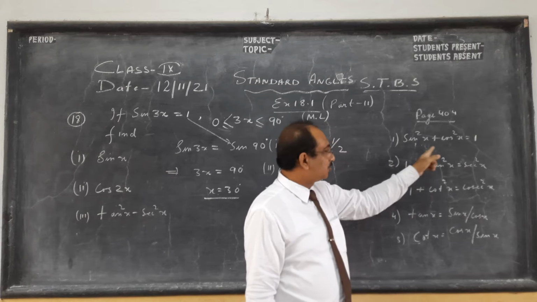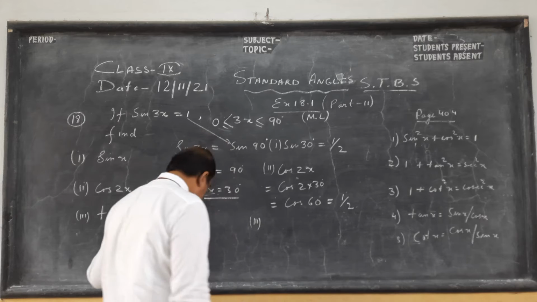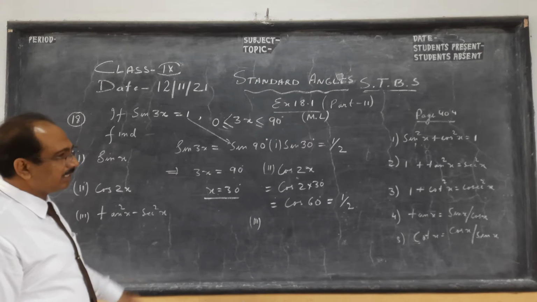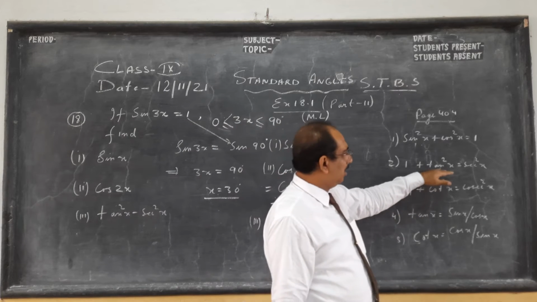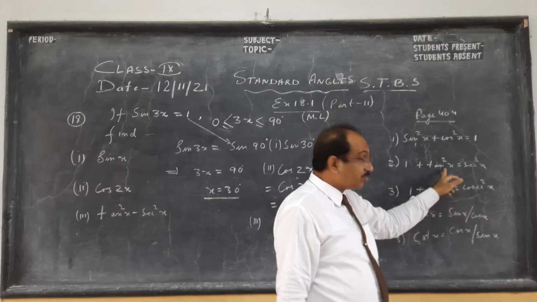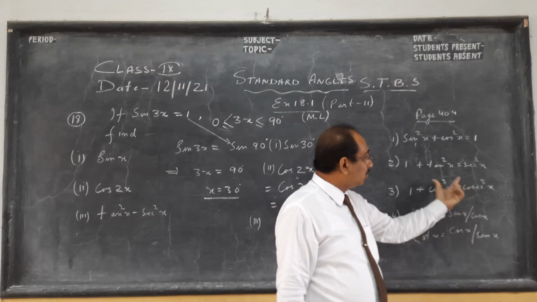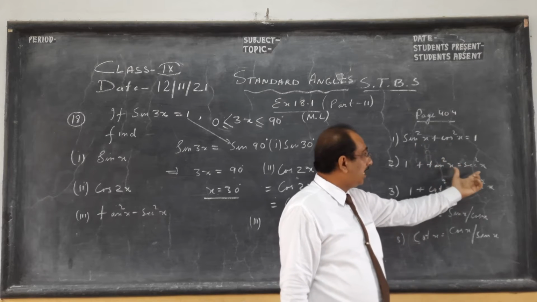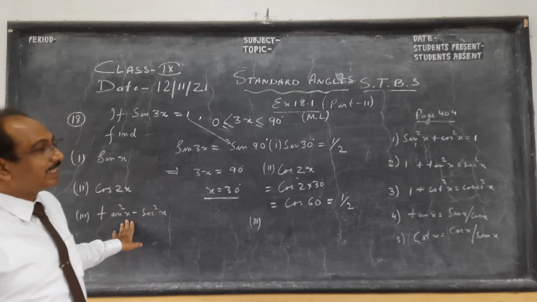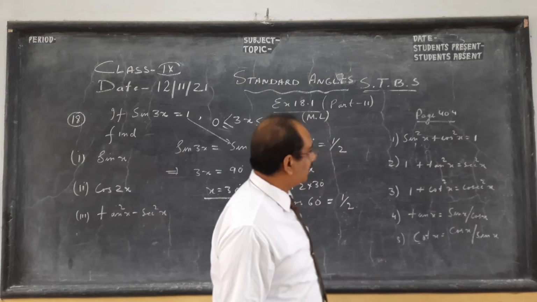Kindly remember this: sine square plus cos square is 1, 1 plus tan square is sec square, 1 plus cot square is cosec square. Here the angle is the same: tan square x minus sec square x. By formula, sec square minus tan square is 1, but here it is tan square minus sec square, so it will be minus 1. Remember all these: cot, cosec, sine, cos and tan, sec.